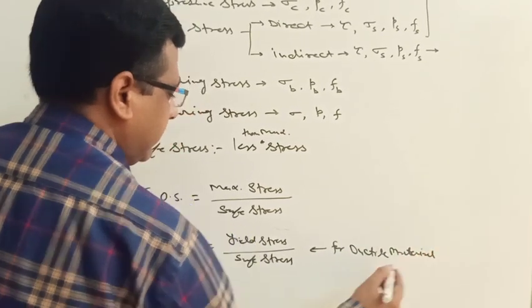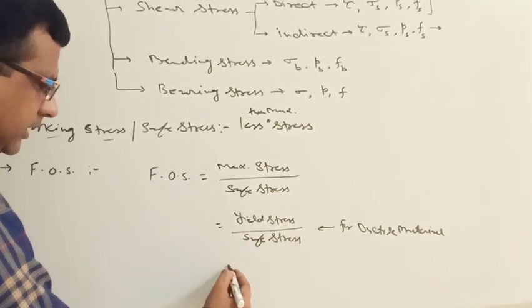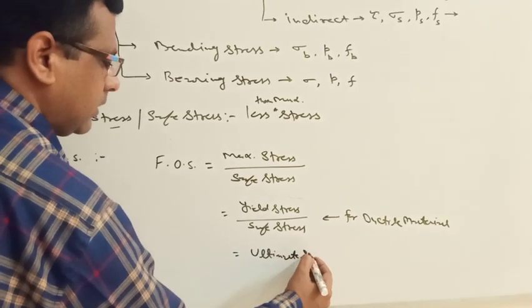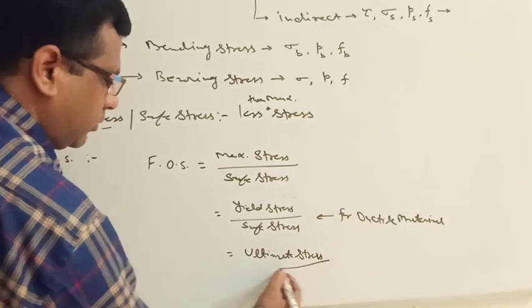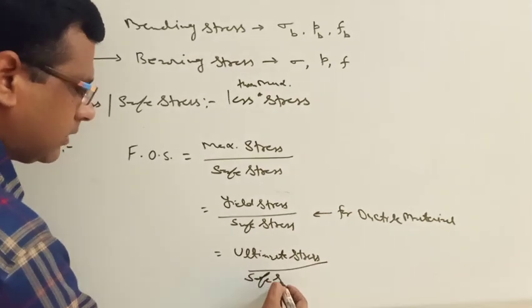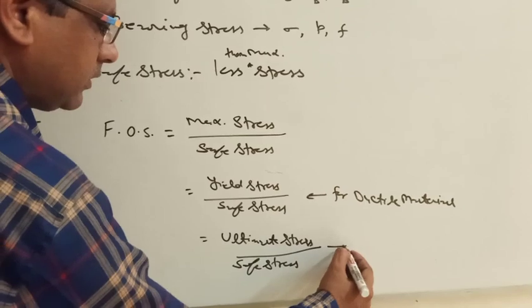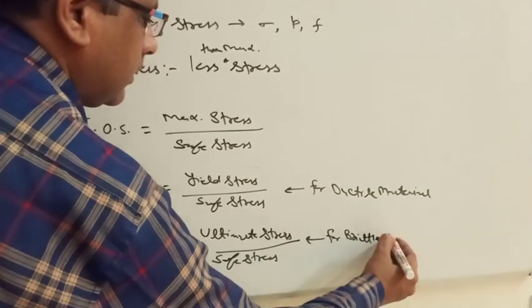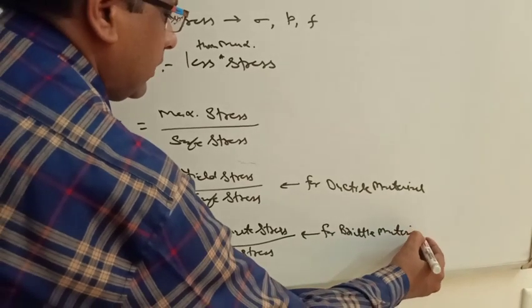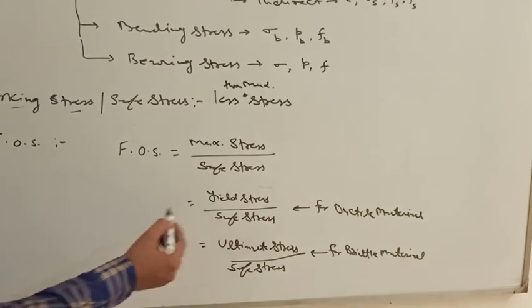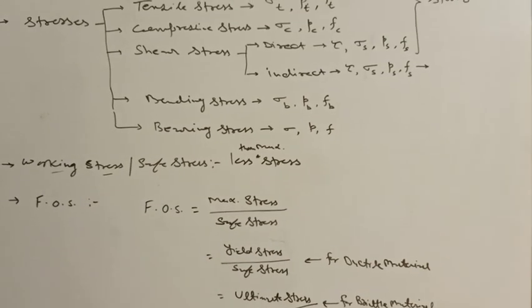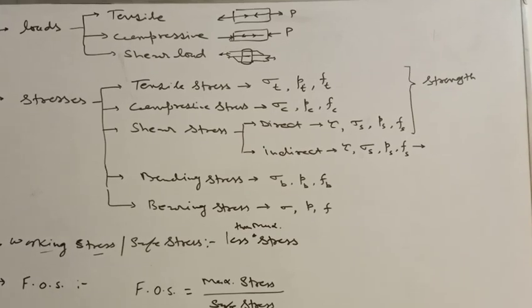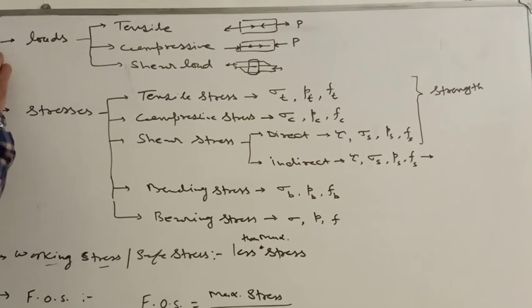We know that ductile materials are designed on the basis of the yield criterion. And ultimate stress upon safe stress is the factor of safety for brittle materials, and we know that for brittle materials we use the ultimate stress criterion. So these are the various concepts which are used in our designing purpose.